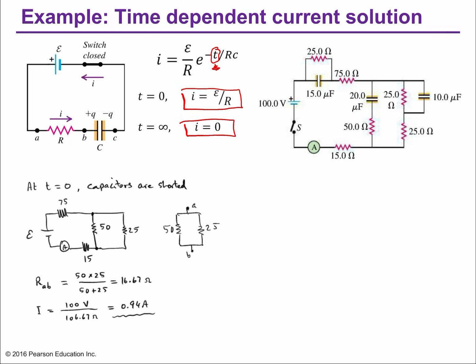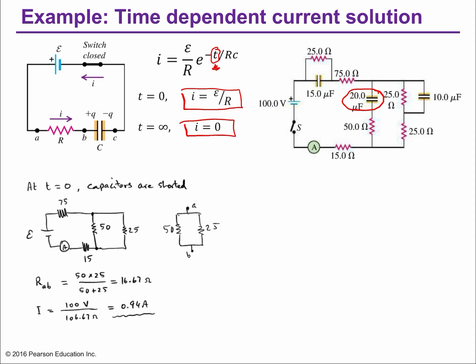At t equals 0, capacitors are shorted. So, for example, consider the 20 microfarad capacitor. If that's shorted, then you simply have a conductor there.